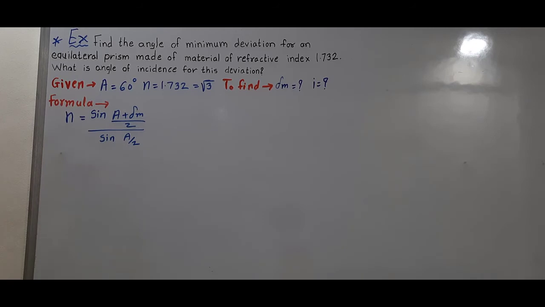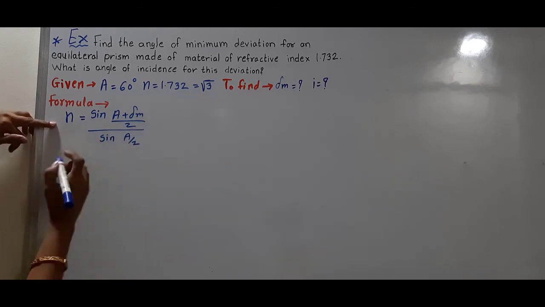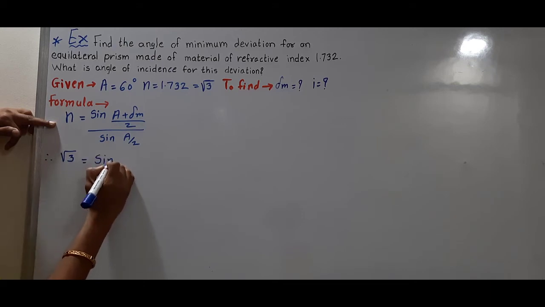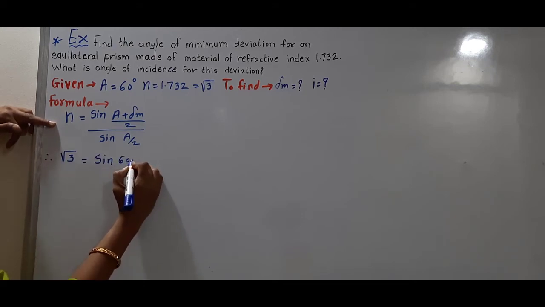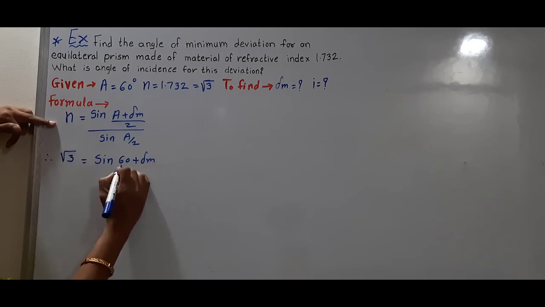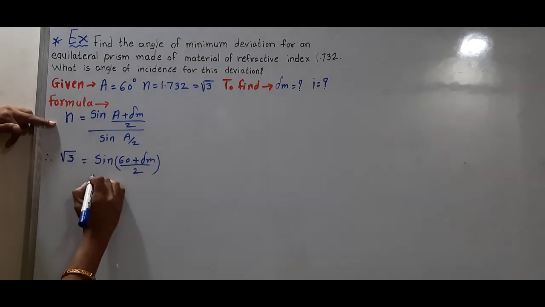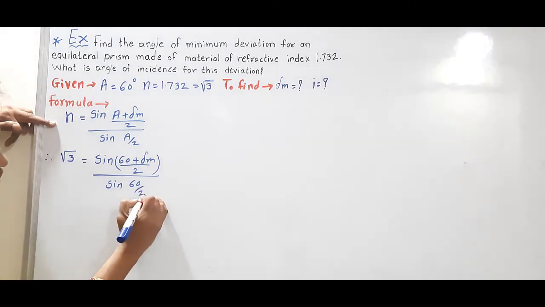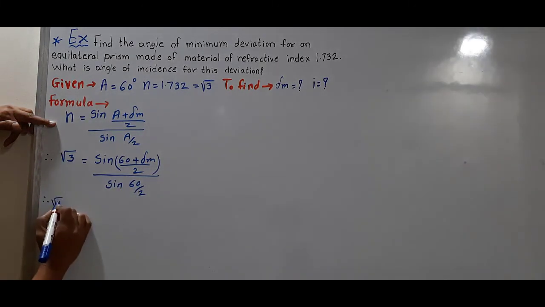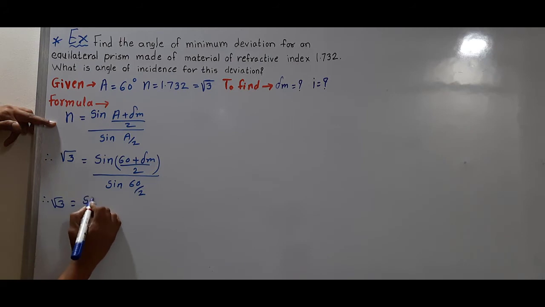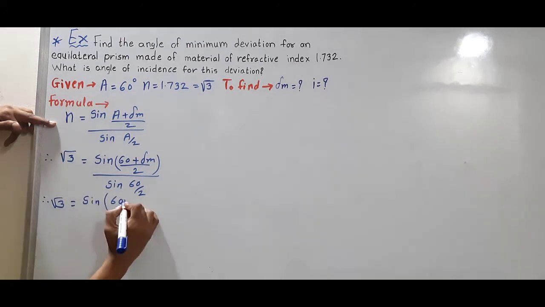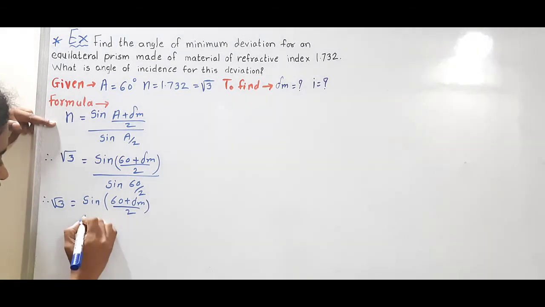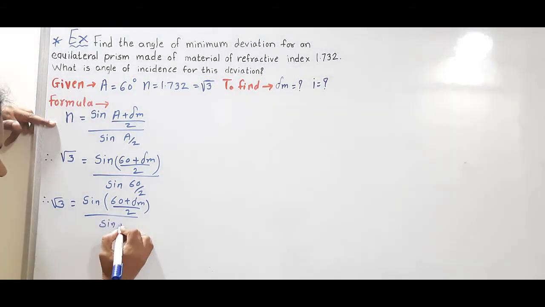Putting the values here, we will solve. What is the value of n? Root 3 is equal to sine of (60 plus delta m) divided by 2, divided by sine 60 upon 2. Therefore, root 3 is equal to sine of (60 plus delta m) divided by 2 upon sine 30 degree.